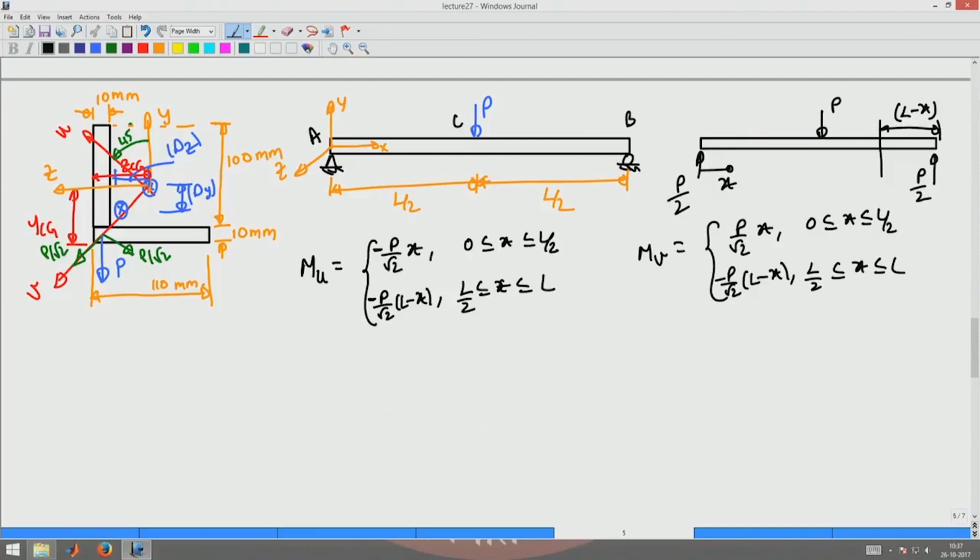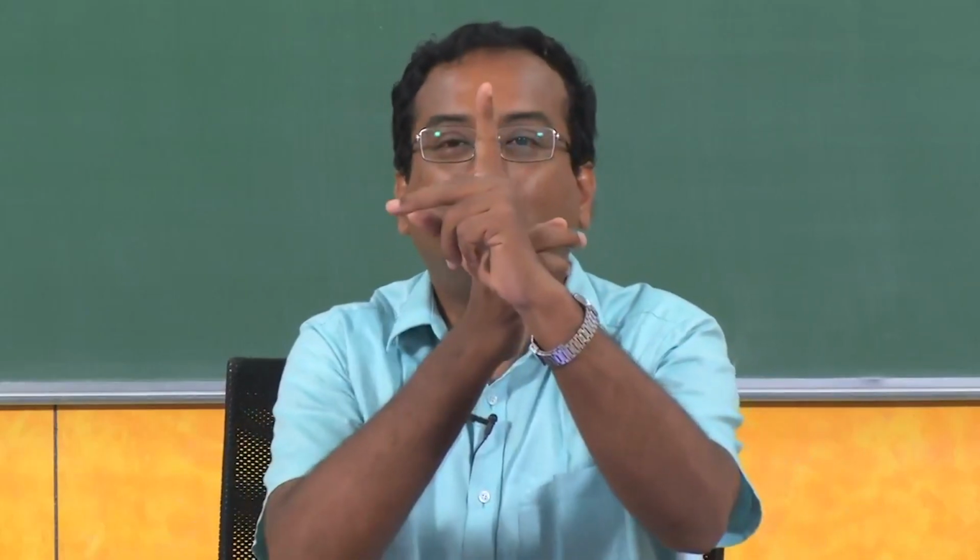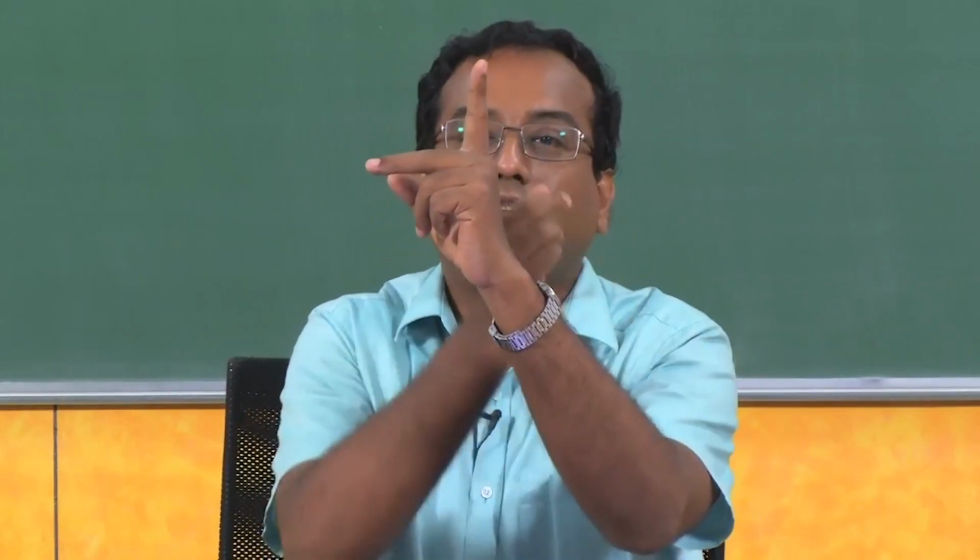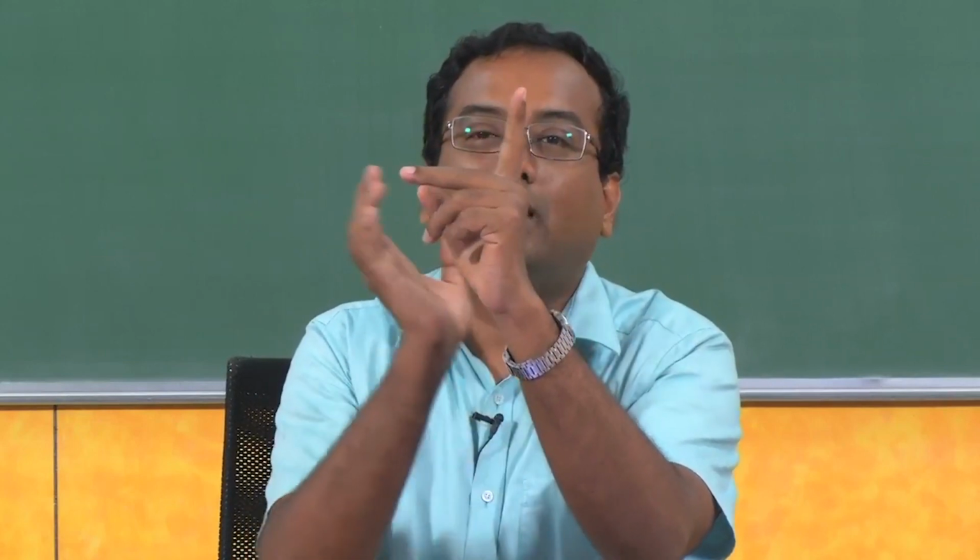Mu moment would be the load along v direction multiplied by the lever arm along the x direction. Okay, that will give me the Mu moment. So I have this angle cross section in which the load is acting like this. So this load is going to produce a Mu moment like this.